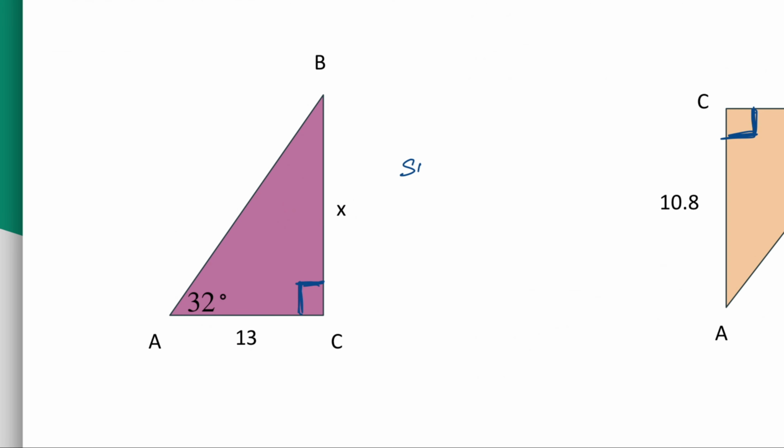So we get sine of 32 degrees is equal to x over 13. Okay? Now from here, it's just like solving for x. Multiply 13 to both sides. X is equal to the sine of 32 degrees times 13, or 13 times the sine of 32 degrees. Either one is fine, okay?